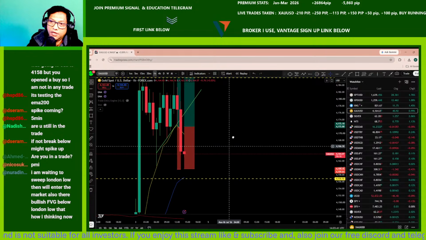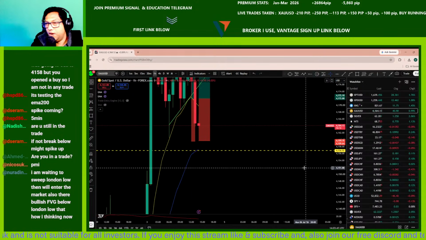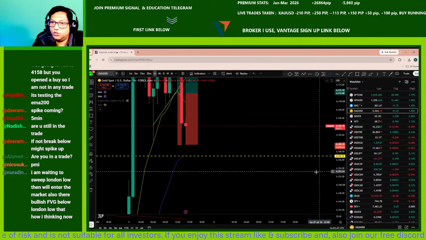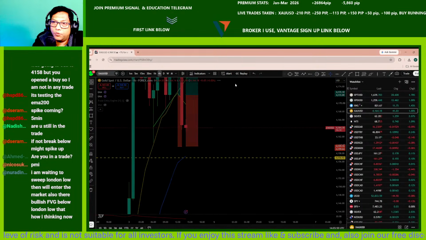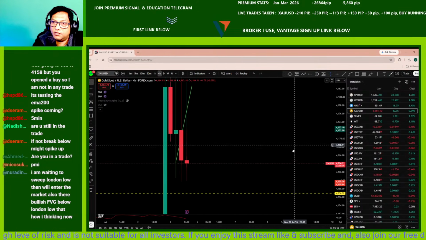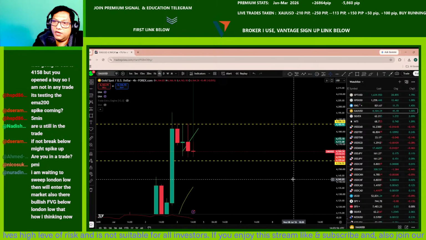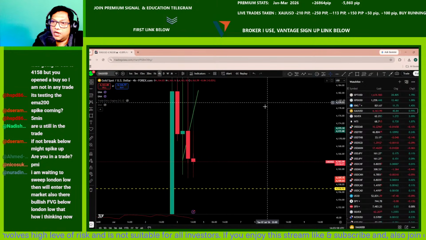Yeah, I think even if the market comes back down below, this is the 1-hour 20 EMA, which is the London session's low, the market still has potential to bounce back to the upside.